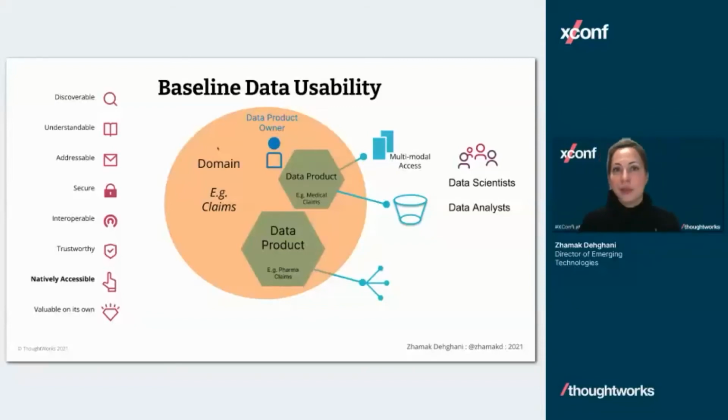And which means they must provide the same data in multiple formats, in multiple styles, until the day comes that we have one universal mode of accessing data. We have all moved to event processing, but that day is not today. We still have data scientists that like to access the data with their native tools on a columnar basis.